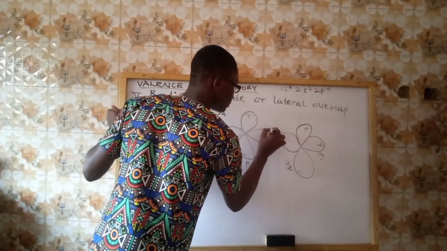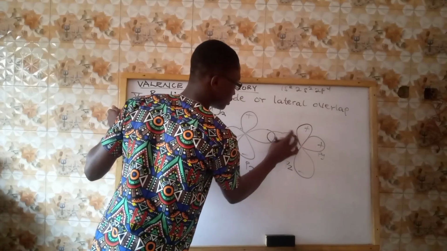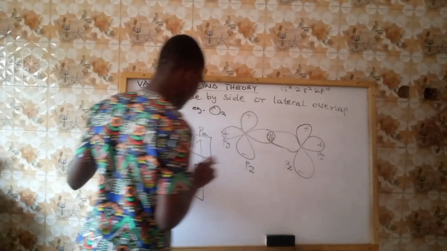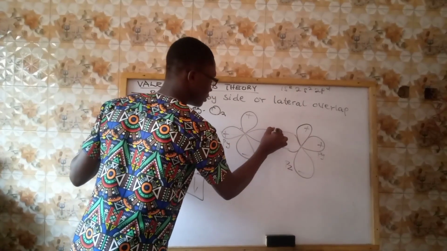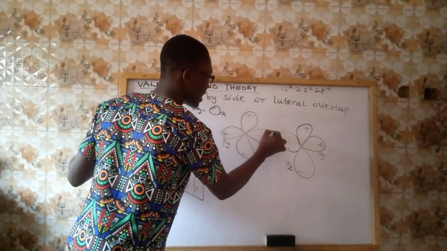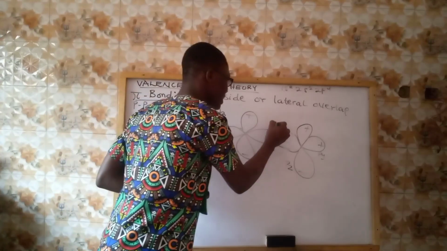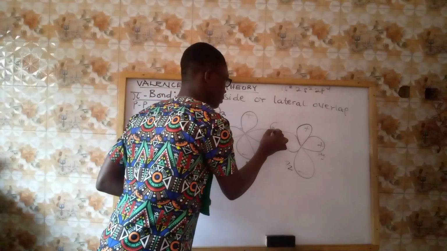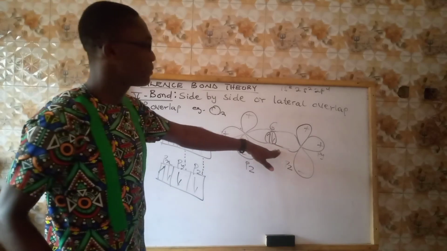So they have opposite spins. They have opposite spins, so this will form a sigma bond. They have head-on overlap here.